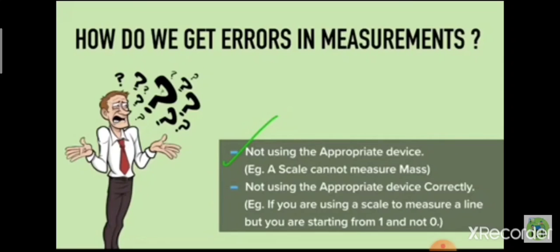Instead of measuring from 0, you have started from 1. For that reason, there is a chance of error. So we should use the device which has been given to us correctly.